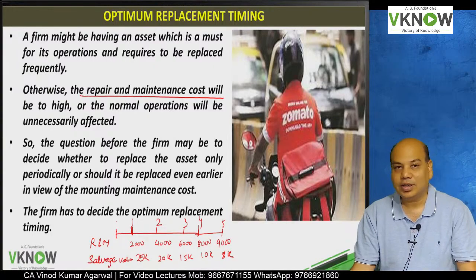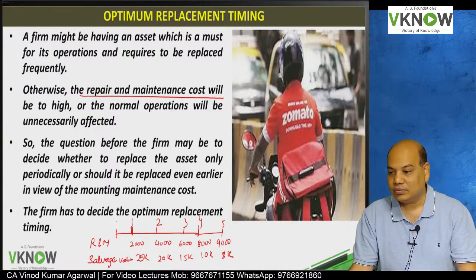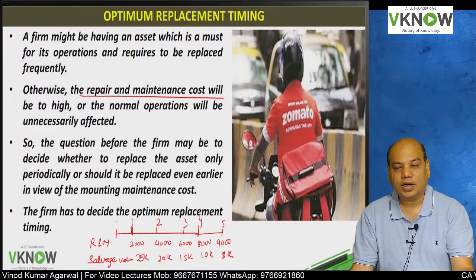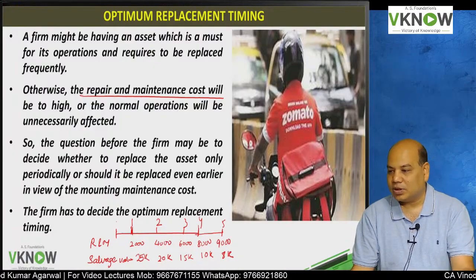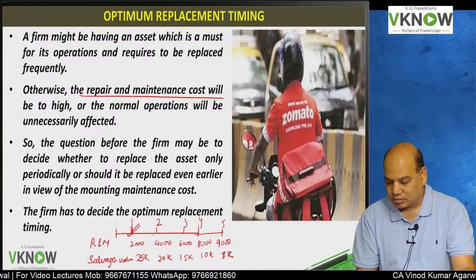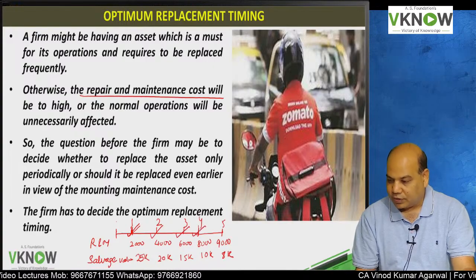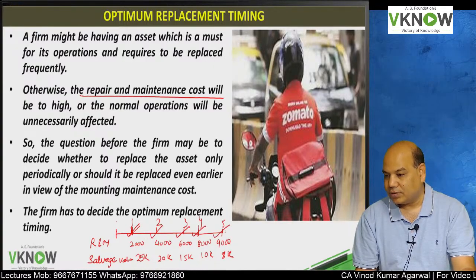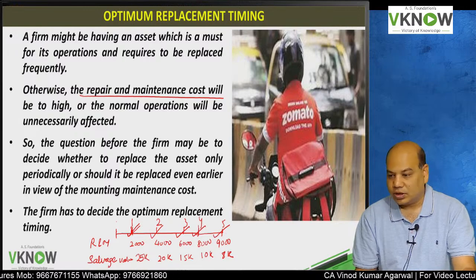You can't delay delivery. Okay, so find out optimum replacement timing. When should you replace? Should you replace every year, every 2 years, every 3 years, every 4 years, every 5 years? That is the question.